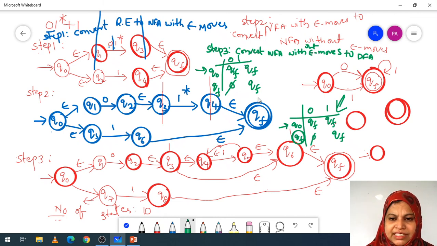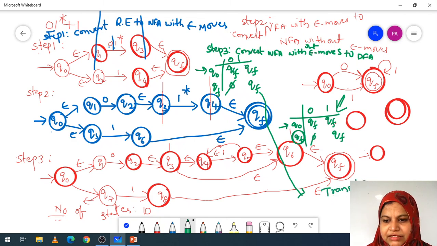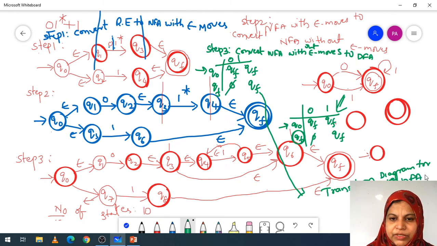Now I am going to draw the transition diagram for this DFA. First is Q naught. Q naught is the initial state, QF is the final state.